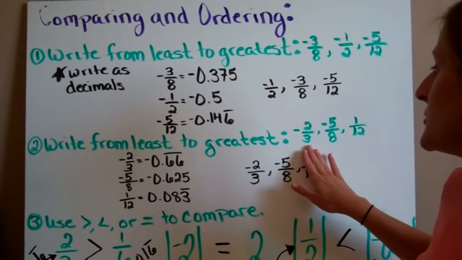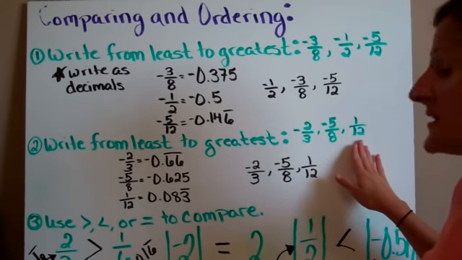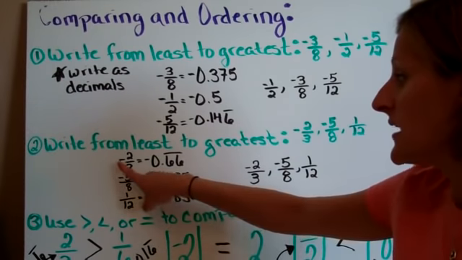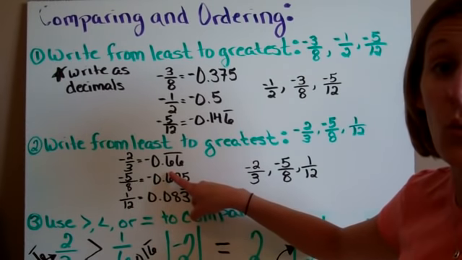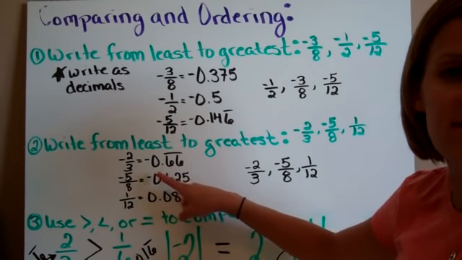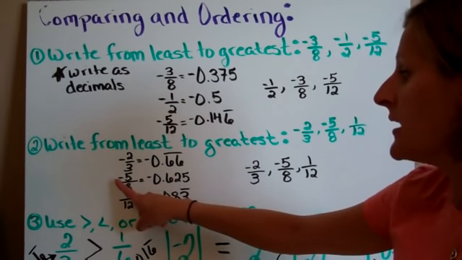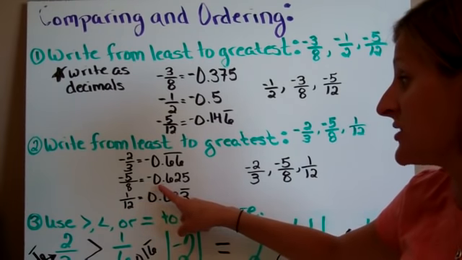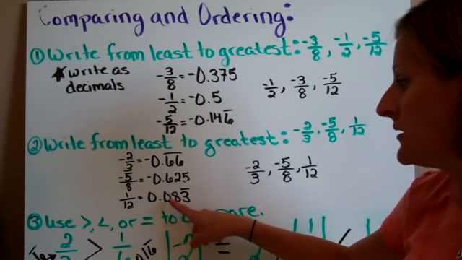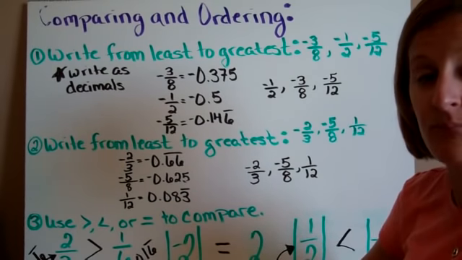This second one we're doing negative 2/3, negative 5/8, and 1/12. So put them in decimals. Negative 2/3 is negative 0.6 repeating. Negative 5/8 is negative 0.625, and 1/12 is 0.083 repeating.